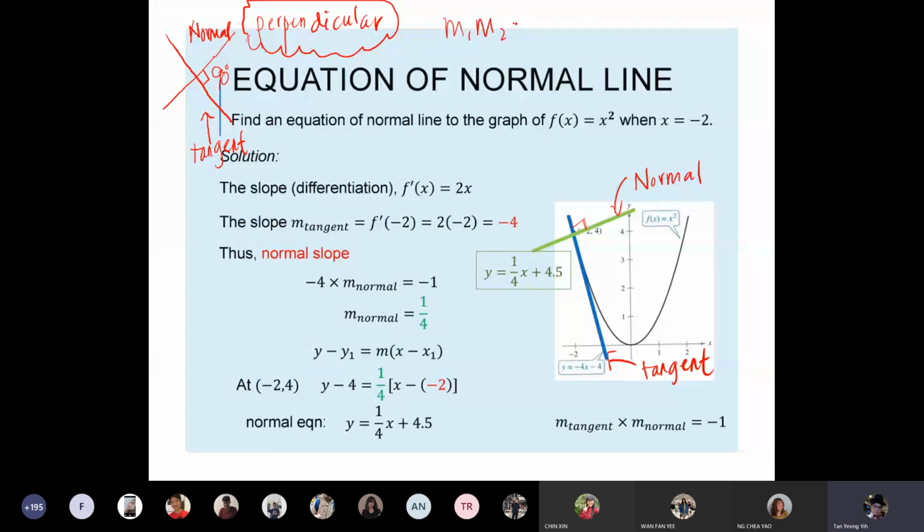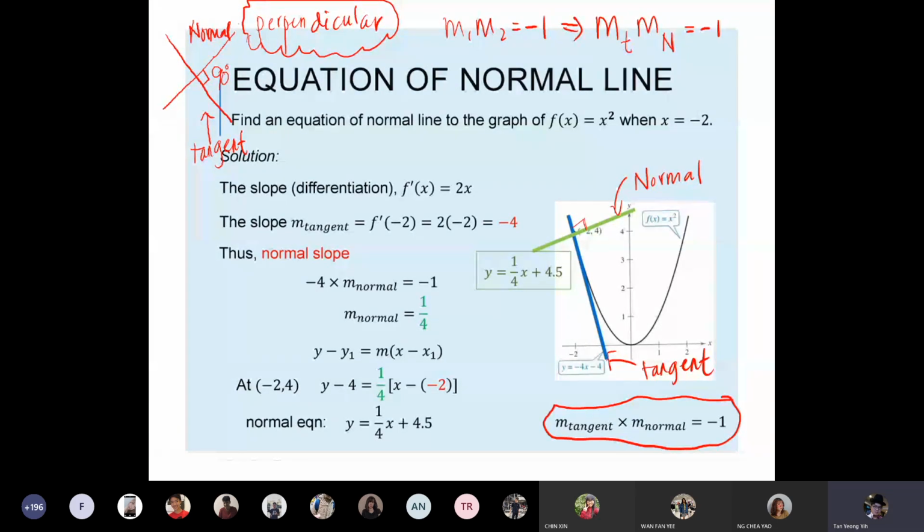This is the formula that relates the tangent and the normal. Since tangent and normal are perpendicular, the slope of tangent multiplied by the slope of normal is -1. Remember this. We are going to use it to find the equation of the normal line.